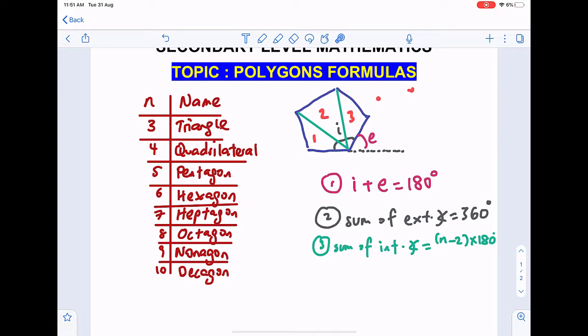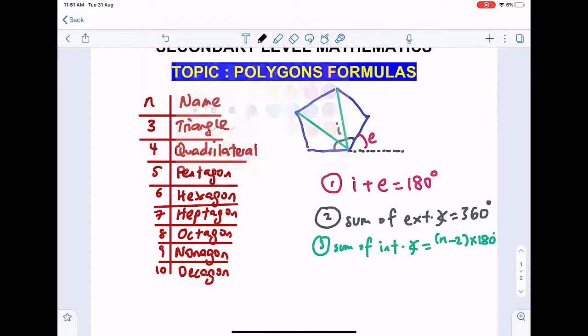Take note, this is a 5-sided polygon. If you have a 5-sided polygon, the number of triangles you can draw is 3. So this is 2 fewer than 5. That is why the formula is n minus 2 times 180 degrees. Why is it 180? Because in each of the triangles, the interior angles add up to 180. So that's the sum of interior angles, which applies for any type of polygon.